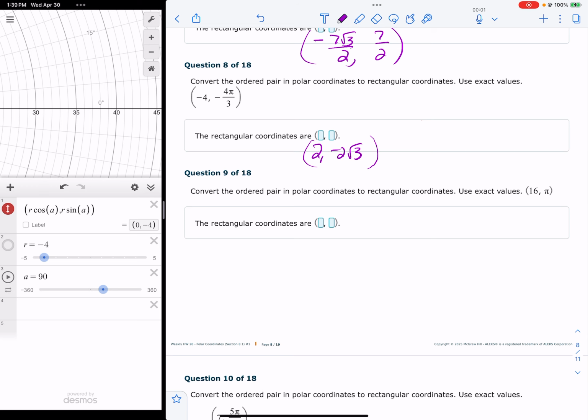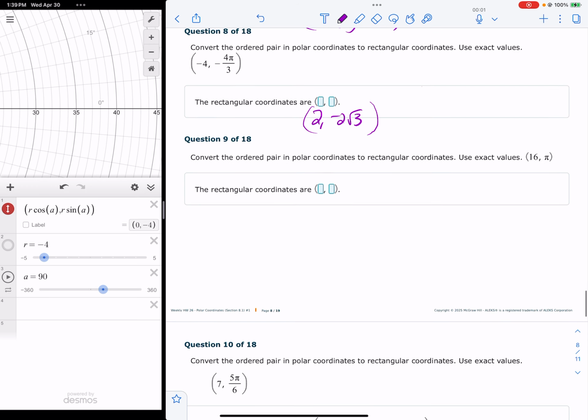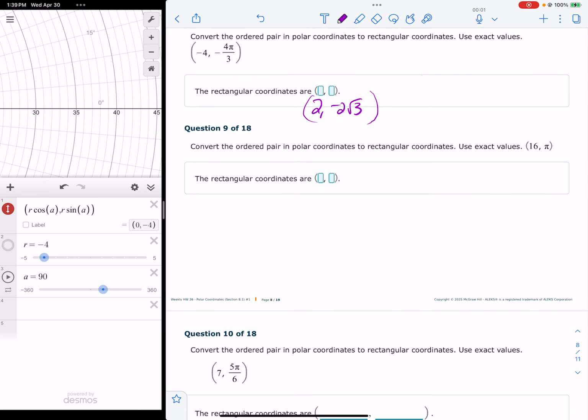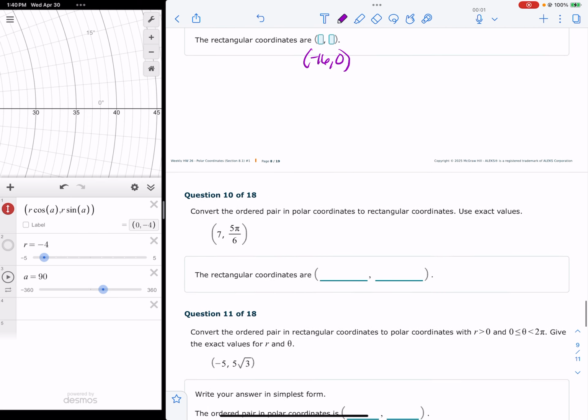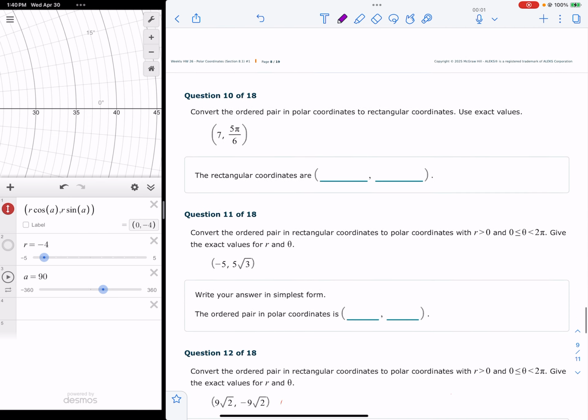Number 9, your angle is pi, which is 180, so be careful, but the answer should be -16 and 0 because the sine of 180 is 0. Okay, for number 10, same thing. You should get -7 square root of 3/2 and 7/2.